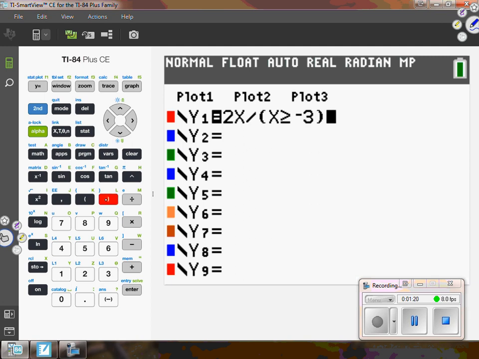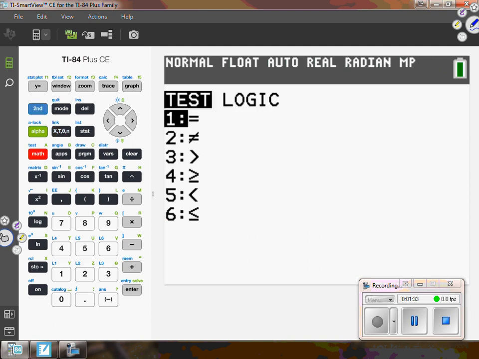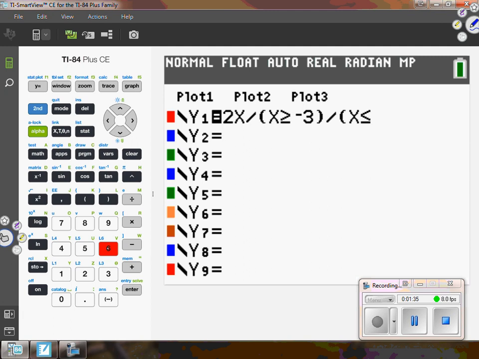Close your parentheses, do another slash, and then give it the second part of that inequality. You wanted the x's to be less than or equal to 0. So x, second math, number 6 is less than or equal to 0, and close it up.